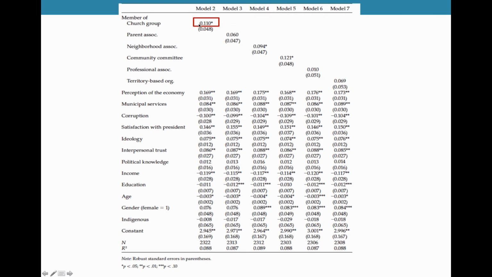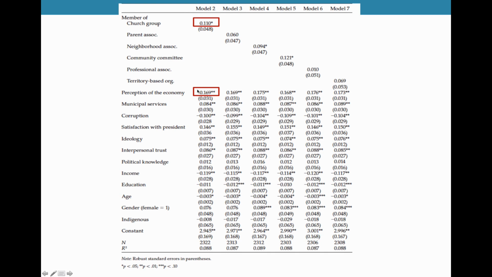It's a positive effect. So being part of a church group has a positive effect on your support for democratic institutions. And we can assess the size. So it's 0.11, right? And so we're looking at a 7-point scale of support for democratic institutions. So being a member of a church group is going to increase your support for democratic institutions by about 0.1.